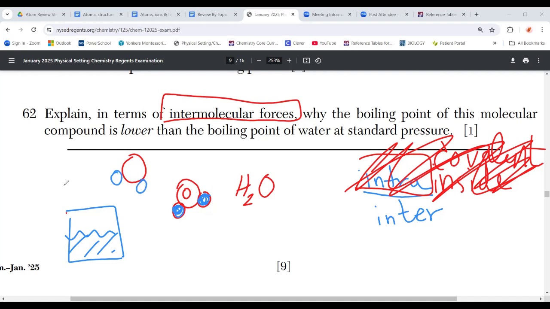If I draw another water molecule, what I want to know is why does this water molecule want to hang out with the other one? There must be a force between them that makes them attracted to each other. So forces between molecules are what, on a larger scale, are often what's holding a lot of liquids and solids together. So particularly water, and particularly you.